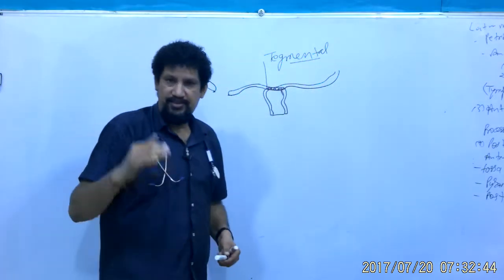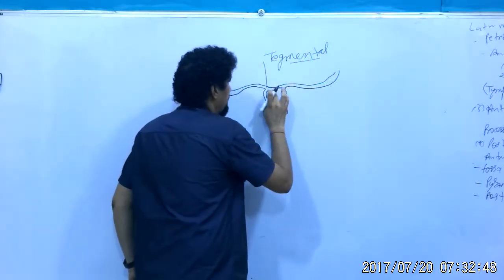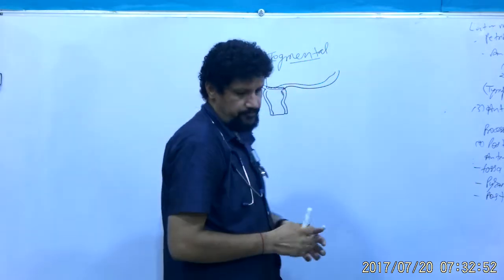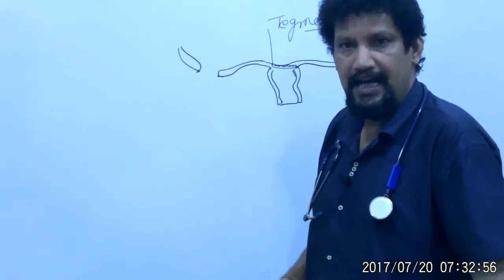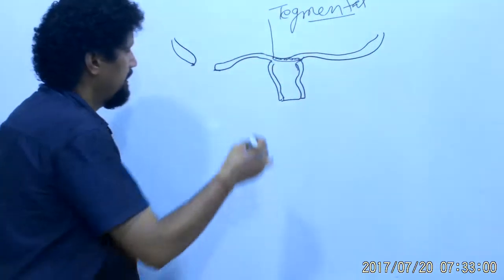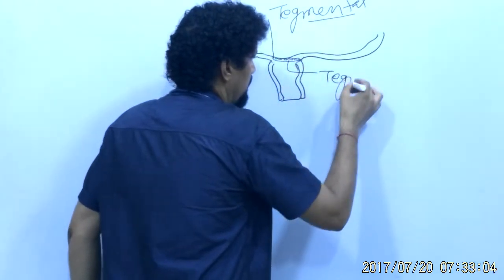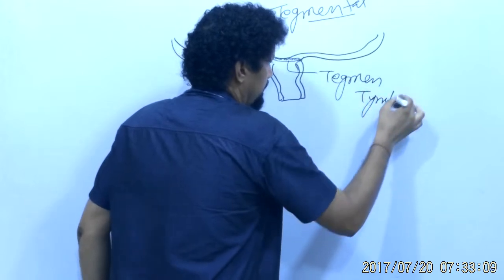This is formed by a thin plate. This thin plate is known as tegmen tympani.